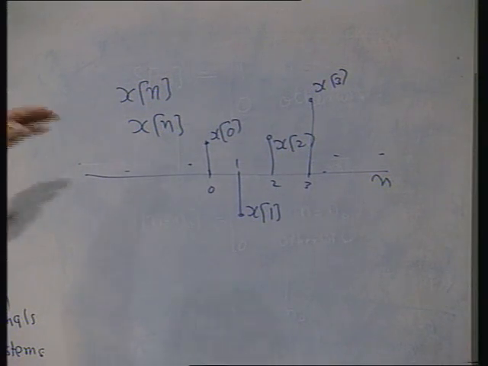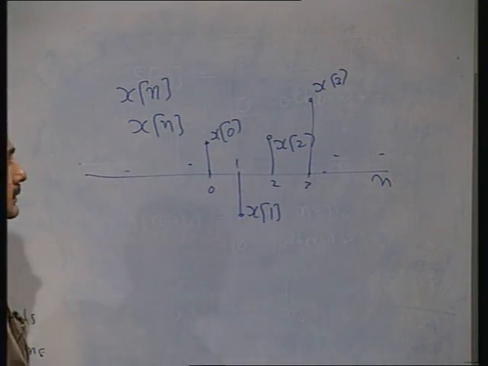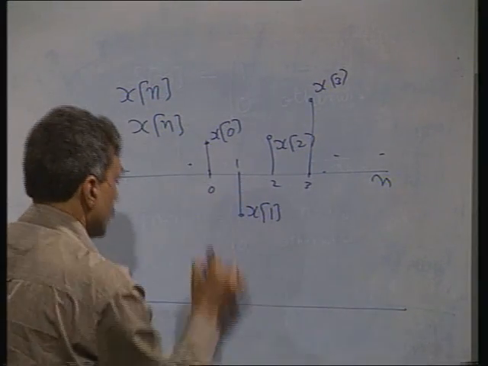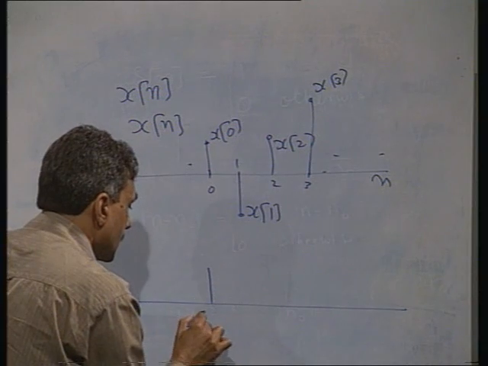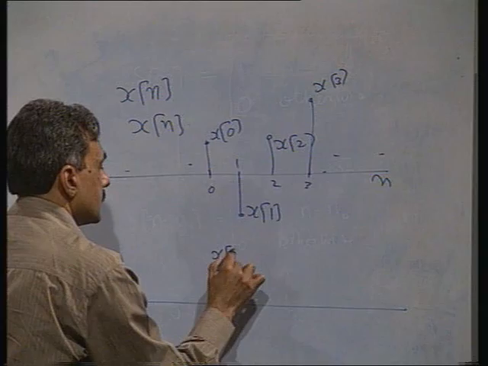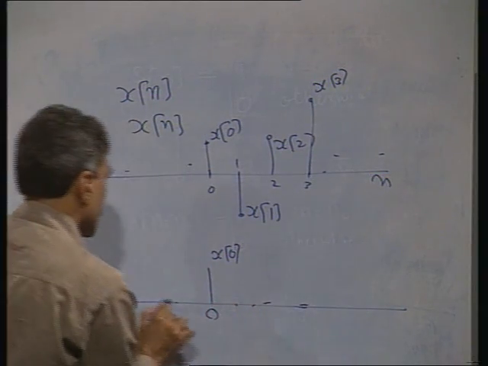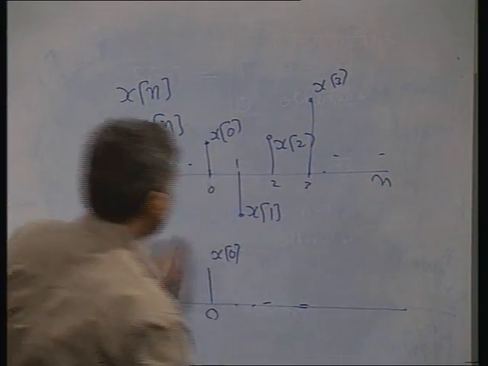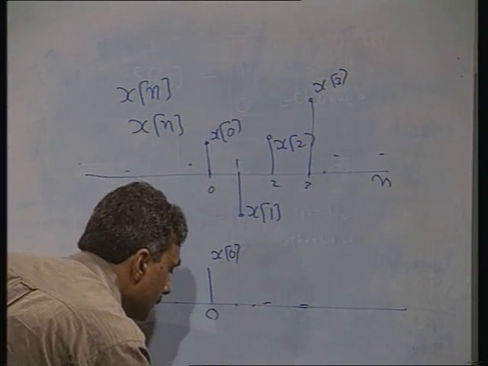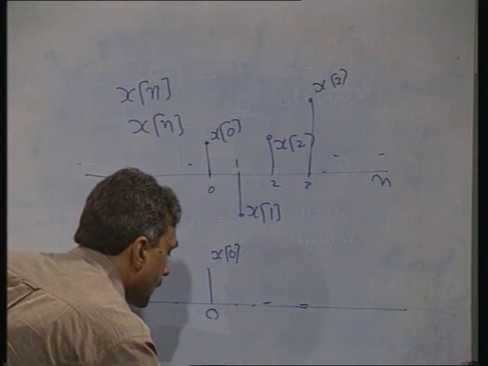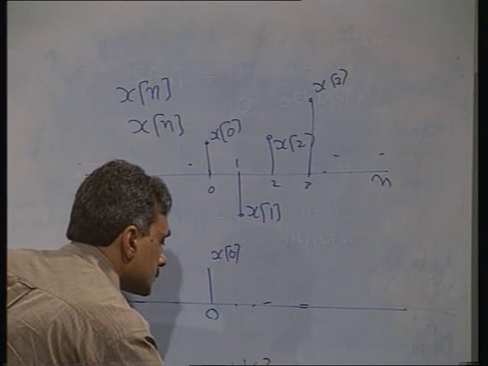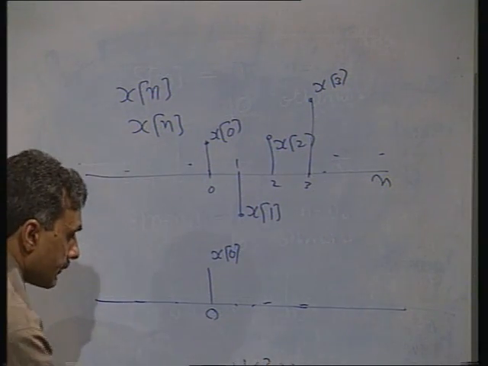It is very easy to break it into so many different signals. Say for instance, I can write this as one signal which is appearing only at n equal to 0 with height x of 0 and 0 otherwise. Then I can also write another signal which is x of 1 at 1 and 0 otherwise, and so on.